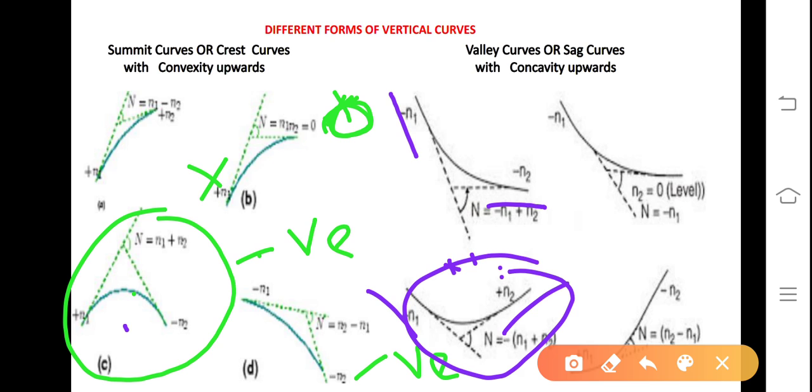So therefore, total minus of n1 plus n2. That minus sign indicates valley curve or sag curve. Okay, these are the four cases for summit. These four cases may be used during the practical cases in case of sag curve or valley curve.